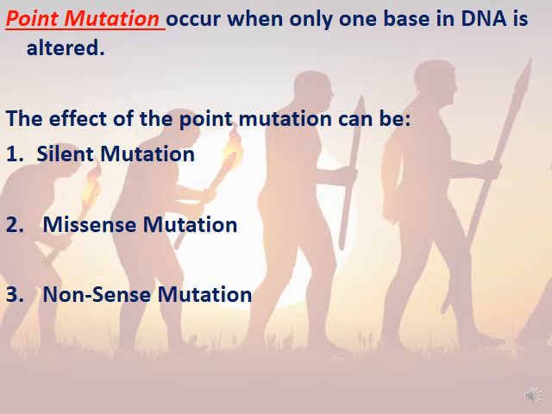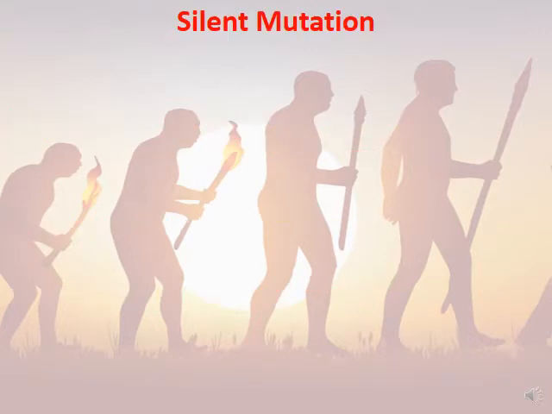Point mutation occurs when only one base of the DNA is altered or changed. The effect can be either silent mutation, missense mutation, or nonsense mutation.